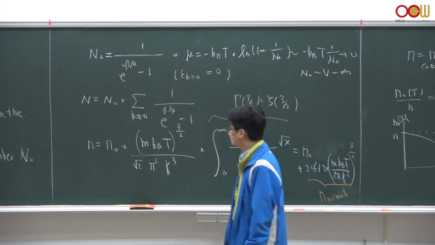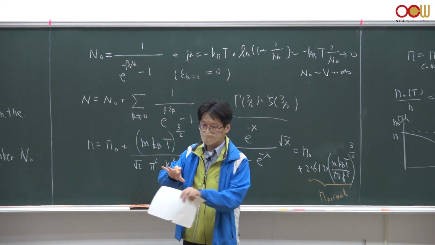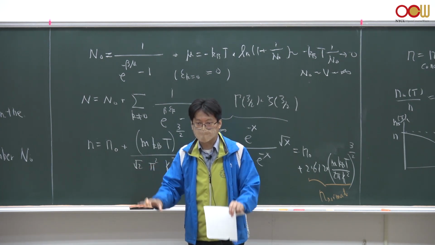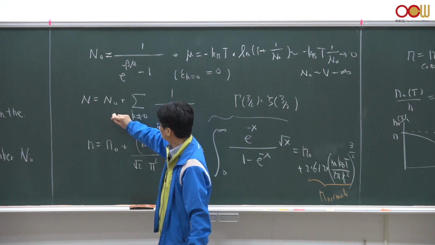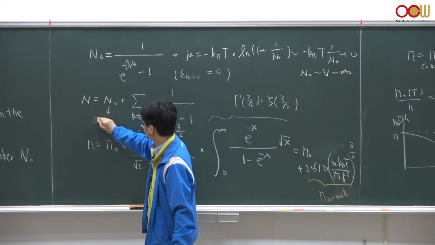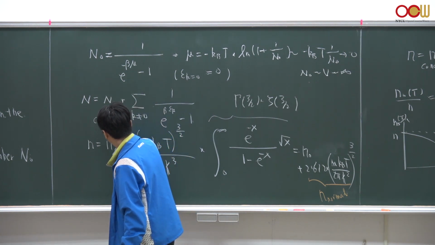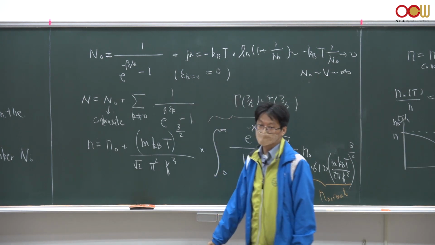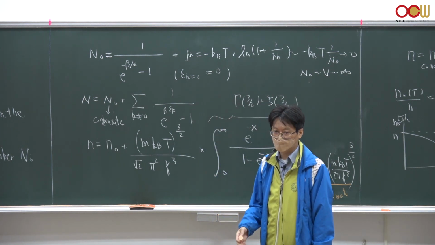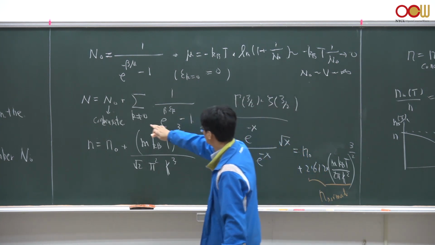But we know that not all of them stay in the ground state, so let's separate these two different contributions to the boson number. The first part is the condensate part, where the bosons stay in the ground state, and the second term is where the remaining bosons stay in the excited states, where k is non-zero.